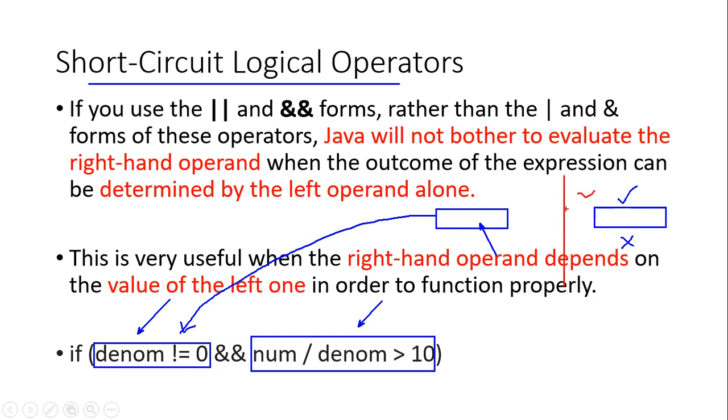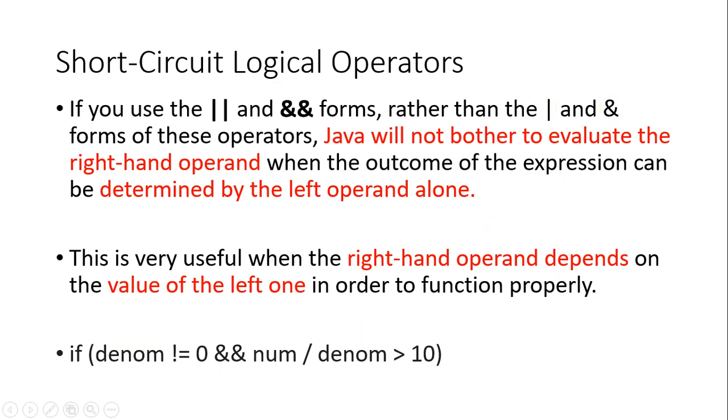And you want to ignore the evaluation of the second expression depending upon the result. Now, in this situation, if you use the ordinary or and, it will not work. What the bitwise or and will do is evaluate the first expression.